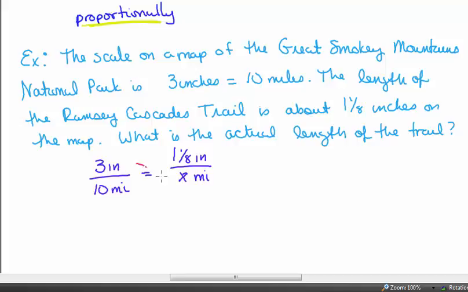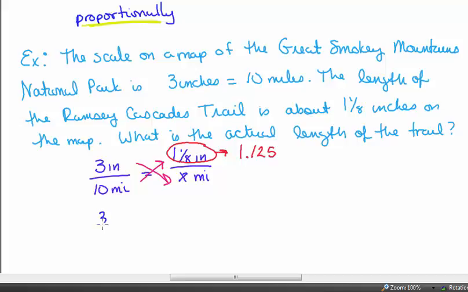So I'm going to cross multiply. And before I cross multiply, I'm actually going to convert this into a decimal. So 1 1/8, I divide 1 by 8, and I get 0.125. So this is 1.125.